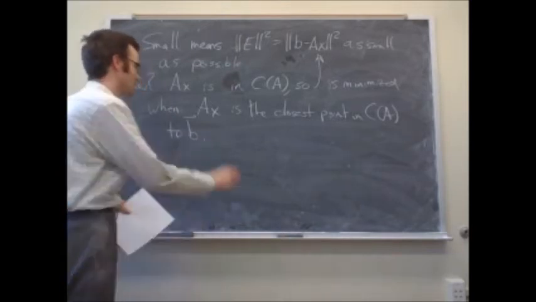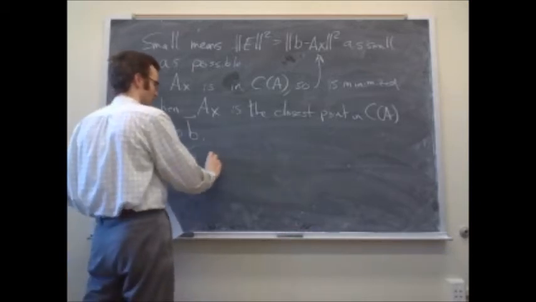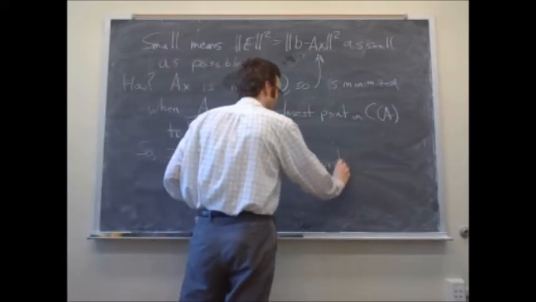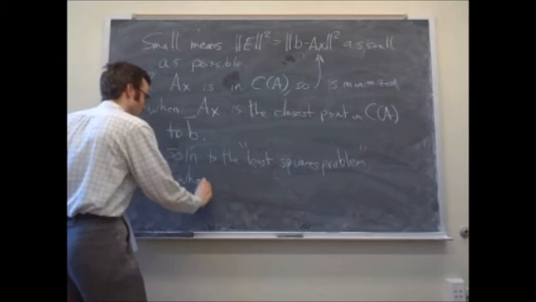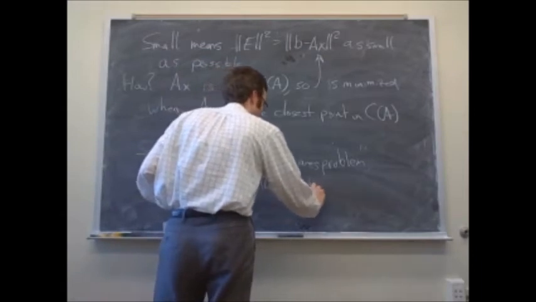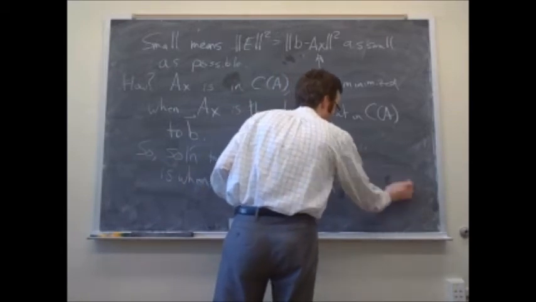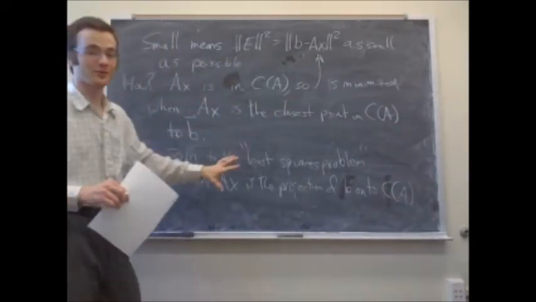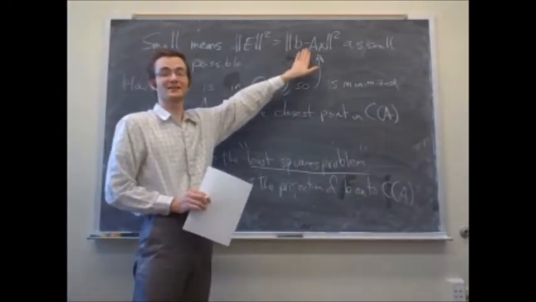So the solution to the least squares problem is when AX is the projection of B onto the column space of A. The least squares problem, this is an important term, is just referring to trying to minimize this, make this as small as possible.